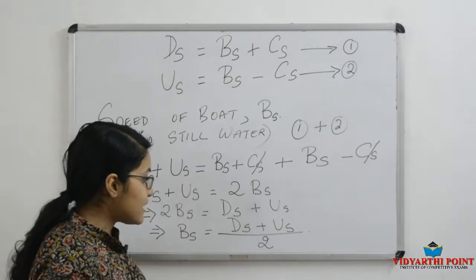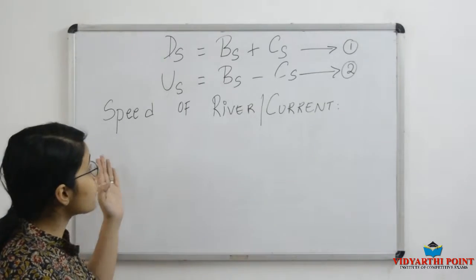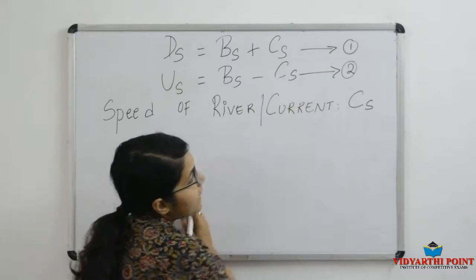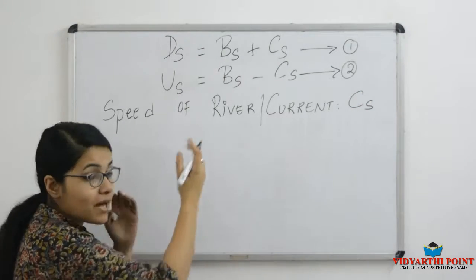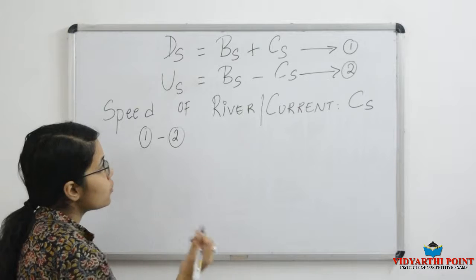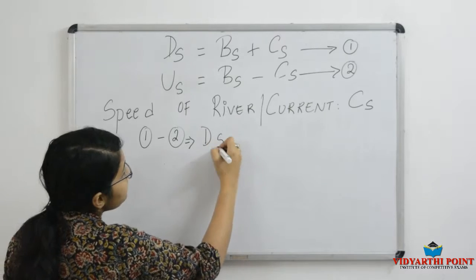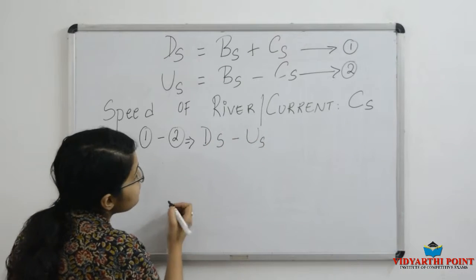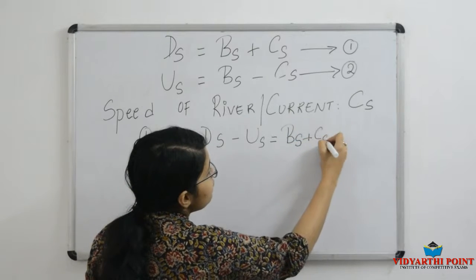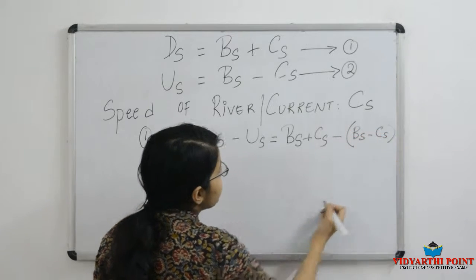Now let us look at the formula for the speed of river or current. We denote it by speed of current. For this we have to subtract equation 1 and equation 2, that is equation 1 minus 2, which will give us downstream minus upstream speed equals to, downstream's value is speed of boat plus speed of current, minus speed of boat minus speed of current.